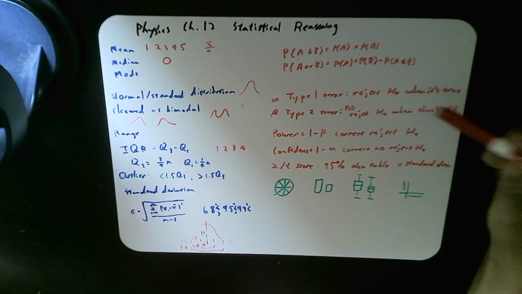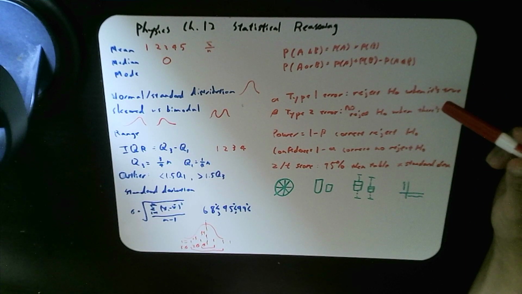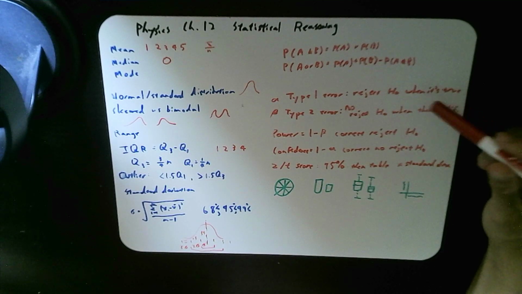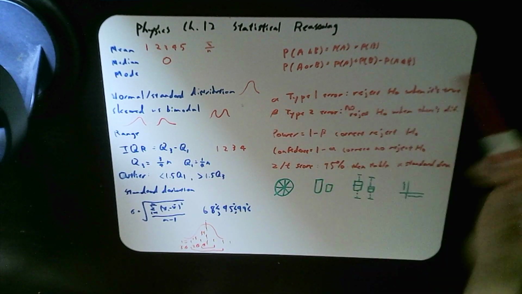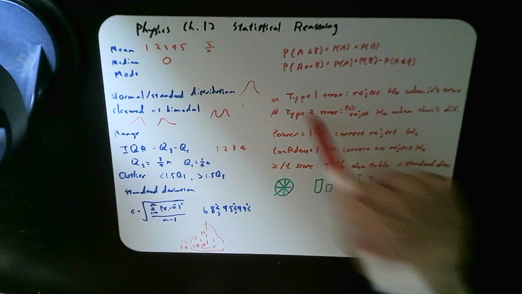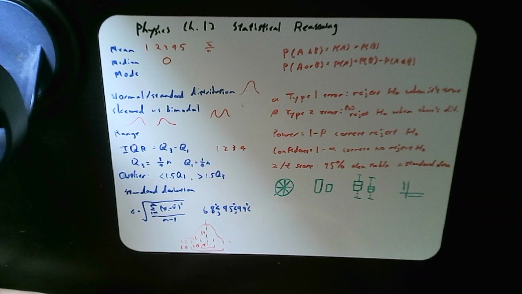Now, if I reject it when the null hypothesis is actually correct, such as if I say, oh, there actually is a difference, but in reality there's no difference between the two values based on statistics, then that's my type 1 error. And I want to make my type 1 error as small as possible, but that's usually set to 0.05.